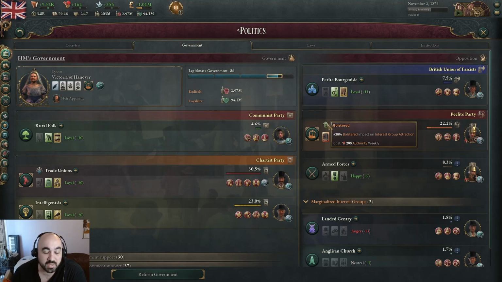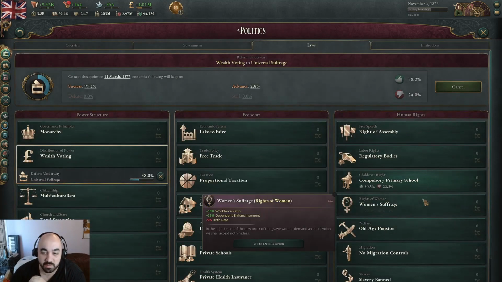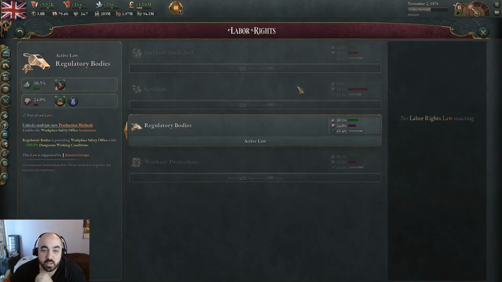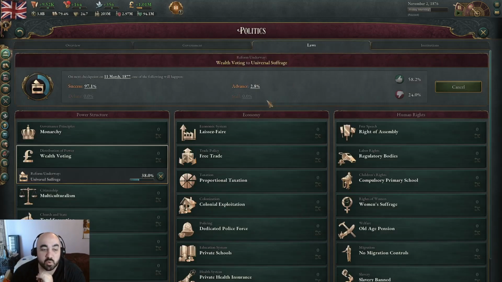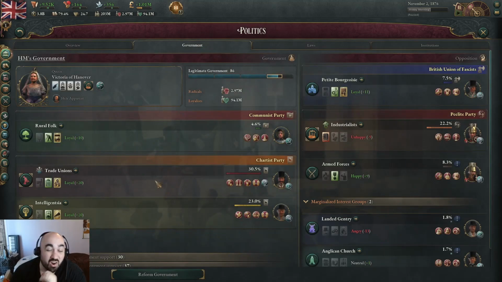The Intelligentsia get all the liberal reforms, the Industrialists get all the economic reforms. They're in agreement on some laws, like the particularly nasty serfdom law, in labor rights, is opposed by both the Industrialists and the Intelligentsia. So practically speaking, the Intelligentsia is also really good.